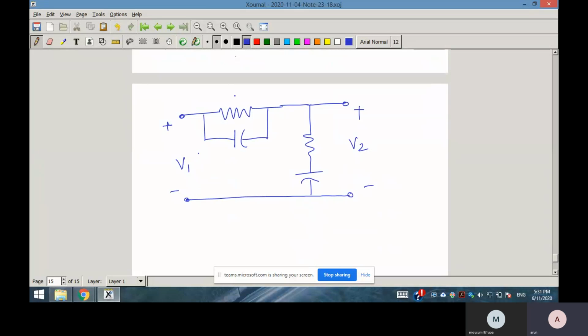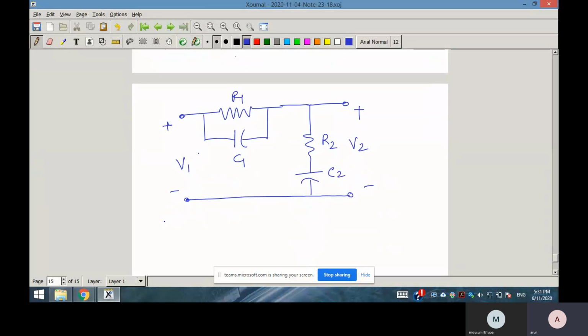This is your R1, C1. This is R2. This is your C2. So we just want to see whether this circuit represents the transfer function of a lag lead controller. That means V2(s) by V1(s) is the transfer function of a lag lead controller.